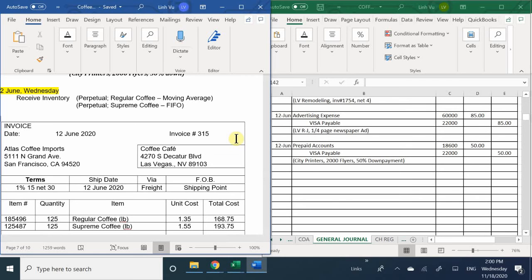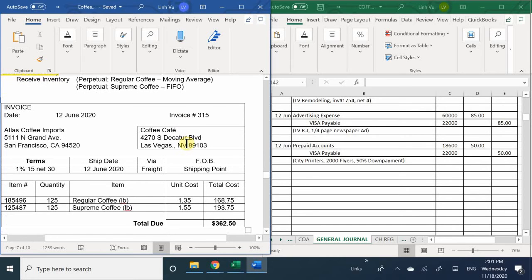Okay, so let's look at our details. So what do we have here? We have this from Atlas Coffee. It has the quantity, two separate items, the regular coffee and the supreme coffee. There's the terms, everything is here.